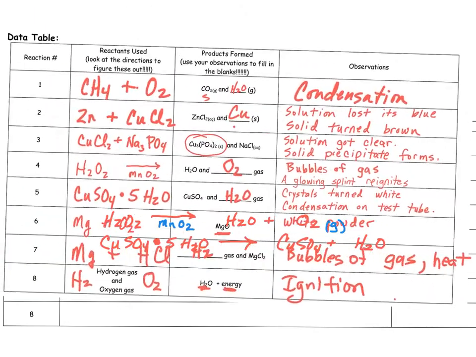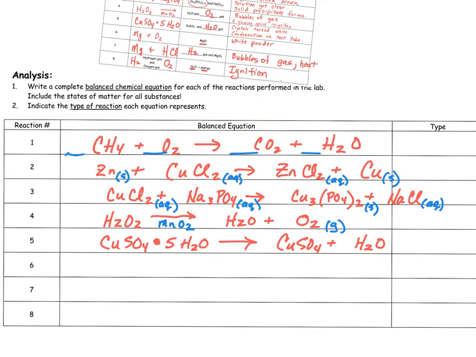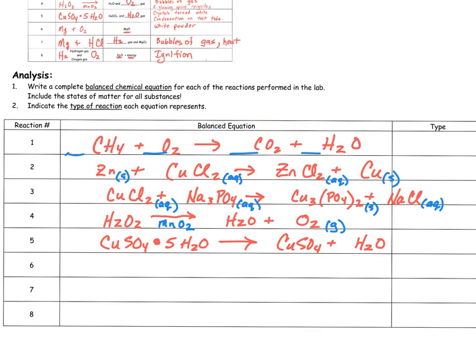Okay, reaction number 6. Magnesium plus oxygen produces magnesium oxide. The MgO product was that white powder that was on top of the beaker.